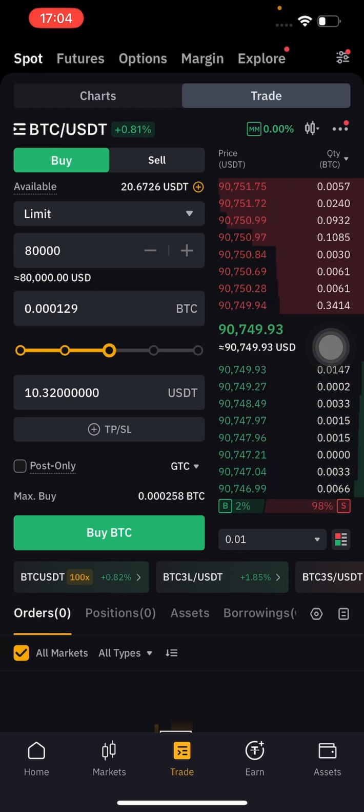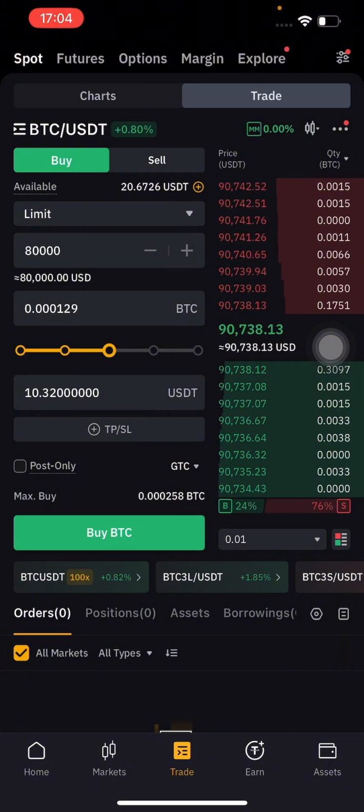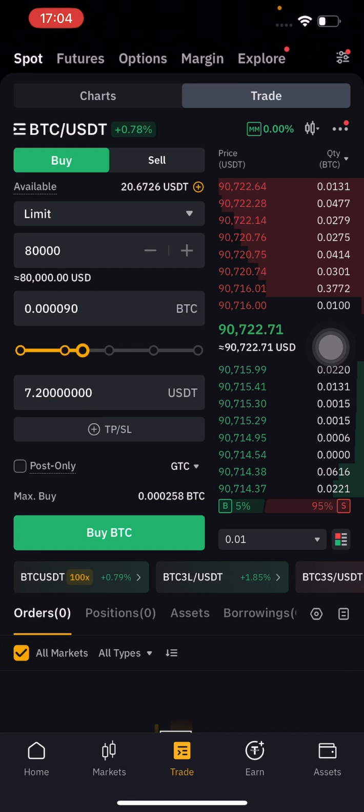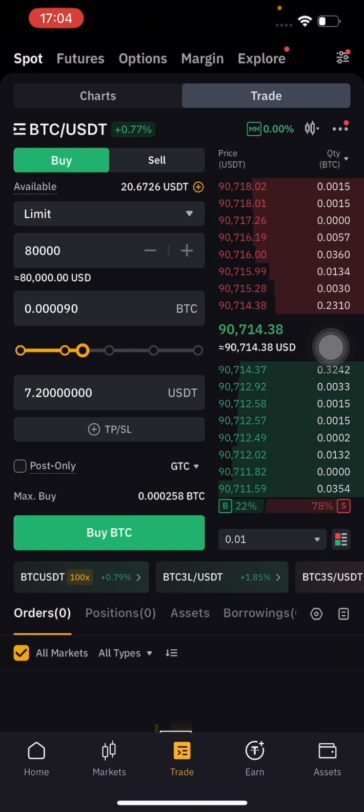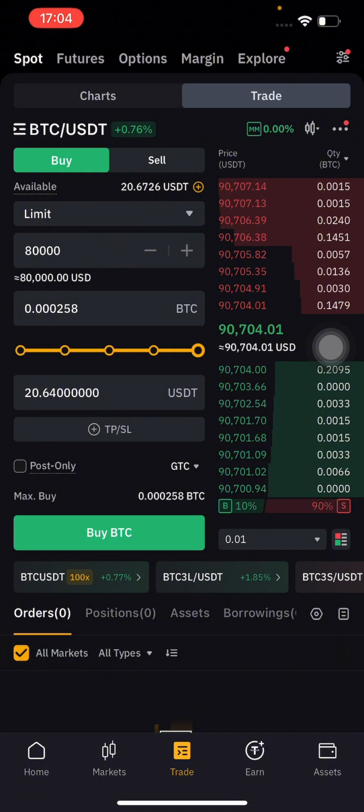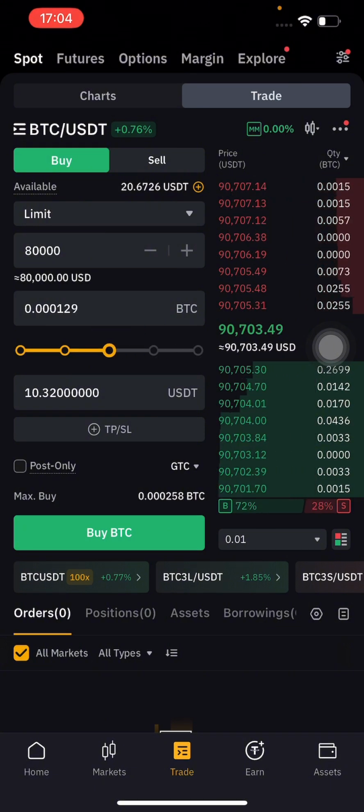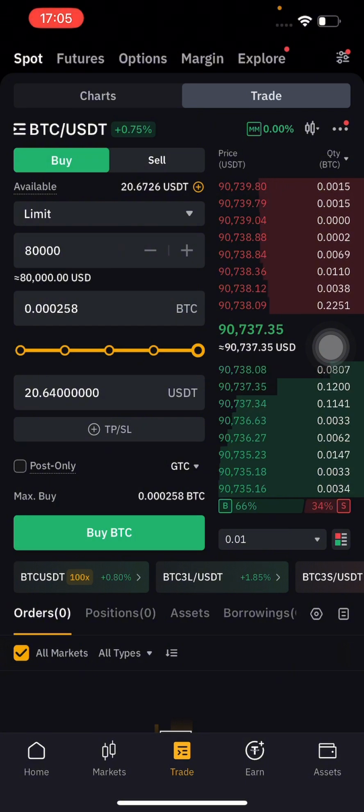Okay, guys. So after you have set the price that you intend to set as the limit for your buy, you now come here and select what quantity of USDT, because we currently have about 20 USDT. Let's say you want to use all, or you want to use just 50% of your capital, or you want to use everything. Let's say you want to use everything. It means if I use everything to purchase BTC, I'm going to get 0.00258 Bitcoin.